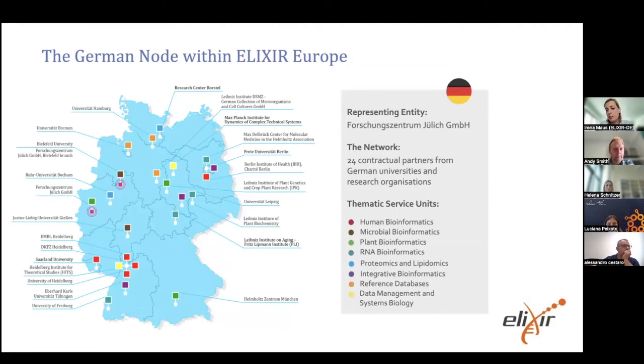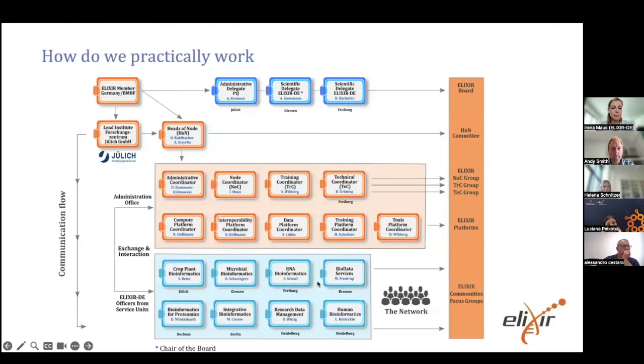Our representing entity is Research Center Jülich, and the partners themselves are organized in 8 thematic service units dedicated to topics like human bioinformatics, microbial bioinformatics, plant bioinformatics, RNA, proteomics and lipidomics, integrative bioinformatics, databases, systems biology, and data management.